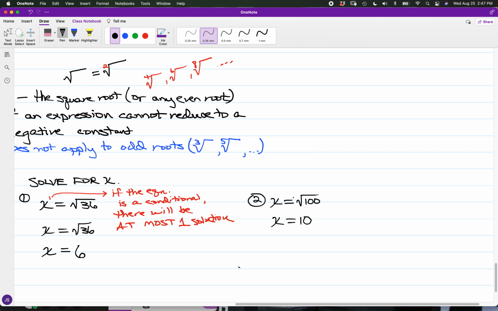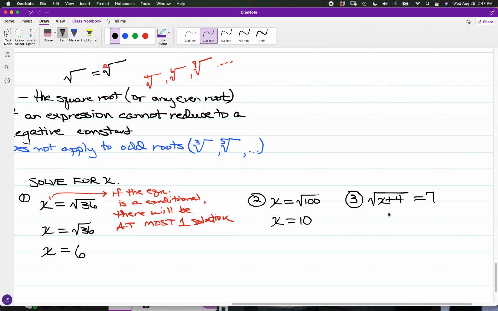Now let's say I change it up a bit and say that I have the square root of x plus 4 is equal to 7.